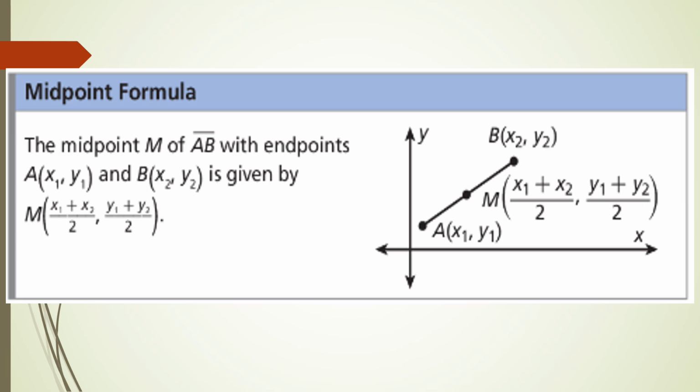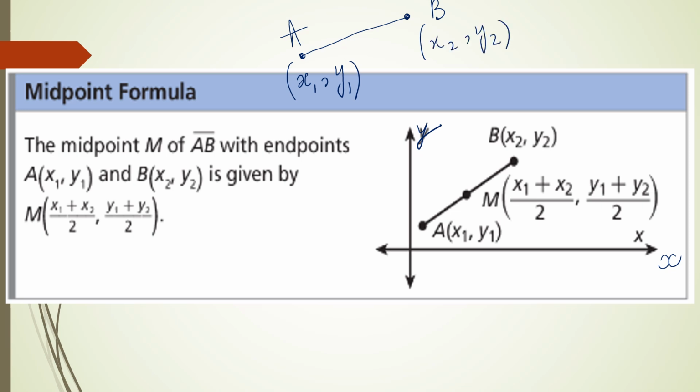Let's study about the midpoint formula. If you are given a line segment in a coordinate plane, the x and the y values are given to you. Let's suppose the first point A has coordinates x1 and y1, and the coordinates of the point B are x2 and y2.